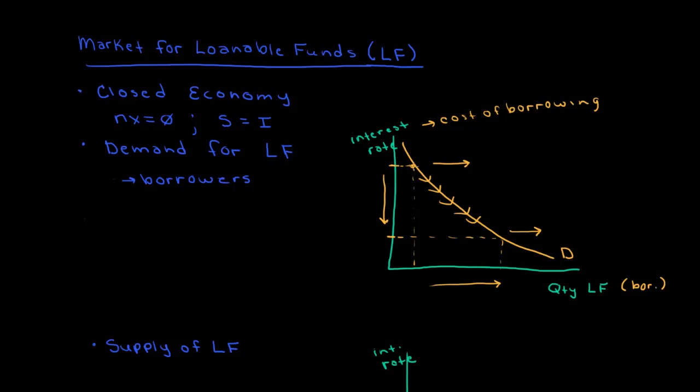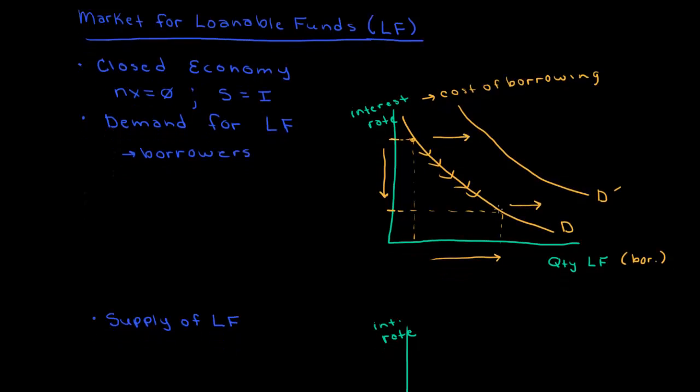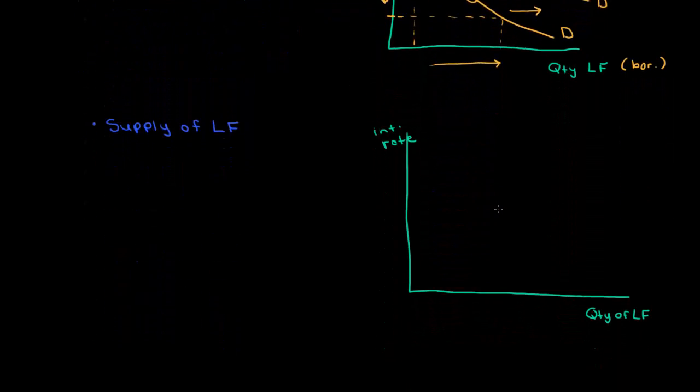So what that means is that at any given interest rate, the firms will want to borrow more. And so there would be an increase in the demand for loanable funds. Of course, if that investment tax break is repealed or removed, then you would just have a decrease in the demand for loanable funds.